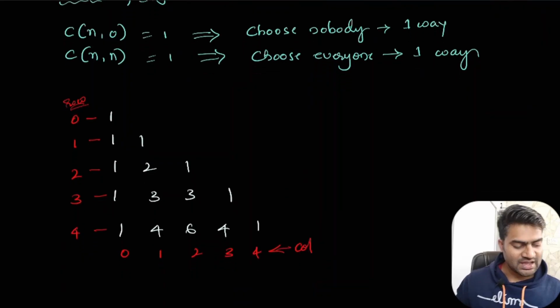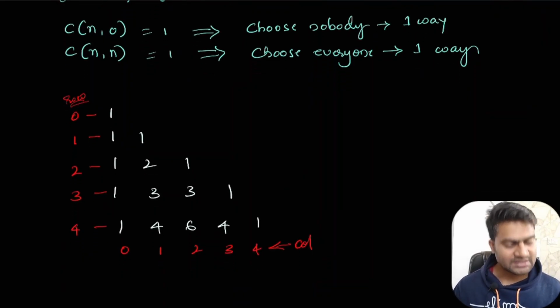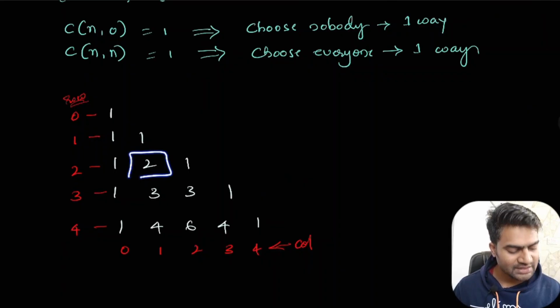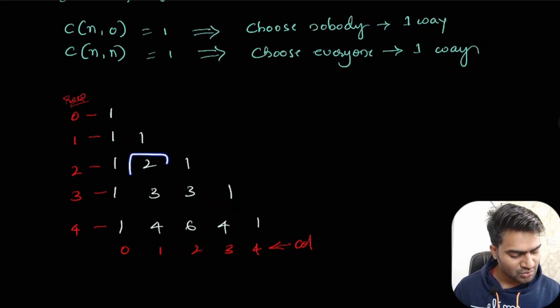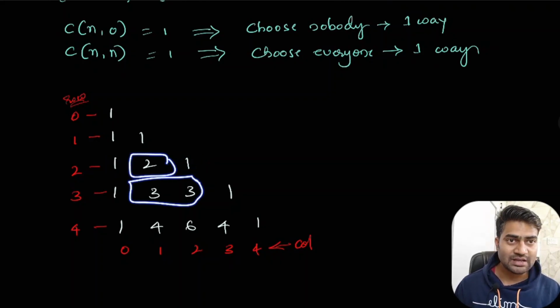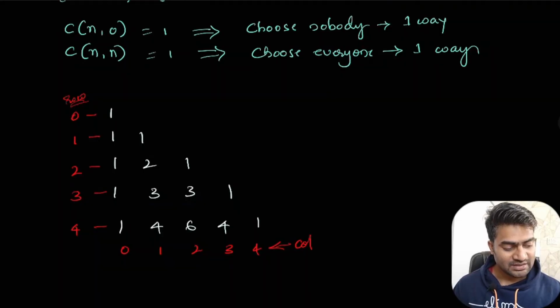Now let us try to understand how to calculate this particular value. The start and the end values, the edges, are 1 only, but if we want to compute any in-between value, you can consider any cell. You can calculate that value by using the combination formula.